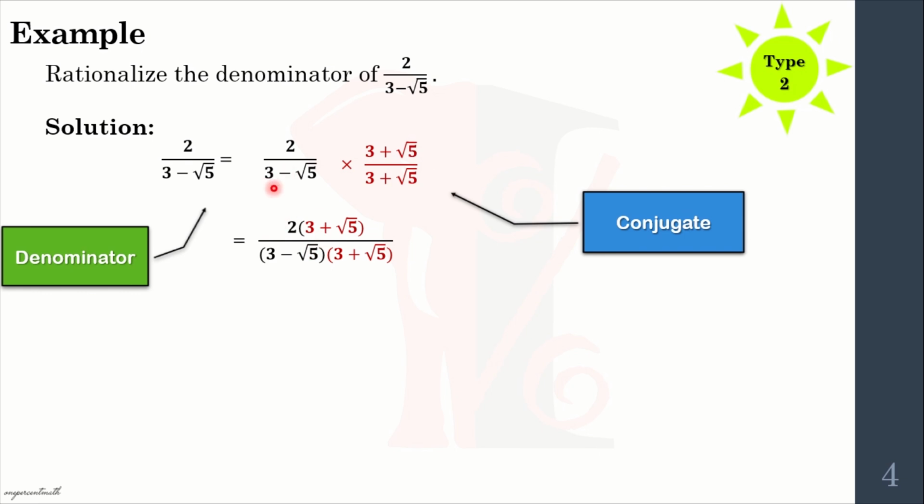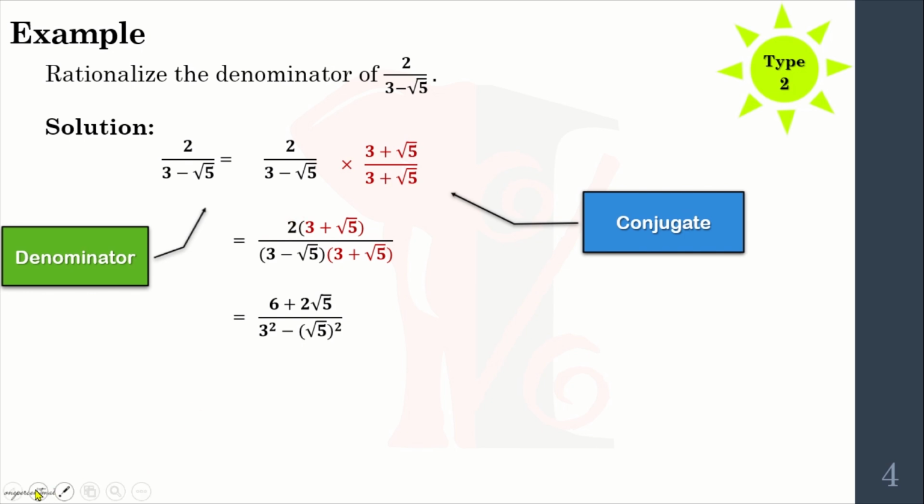So in the next step, we are multiplying 2 into (3 plus root 5), and (3 minus root 5) into (3 plus root 5). You can see this is from the conjugate part and this is from the question. It follows the (a plus b) into (a minus b) identity, which gives me a square minus b square. Here a is 3 and b is root 5, so it becomes 3 square minus root 5 whole square. What happens to this 2 then?